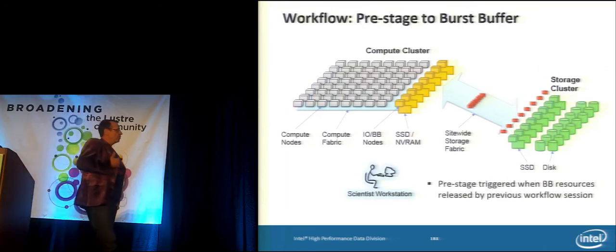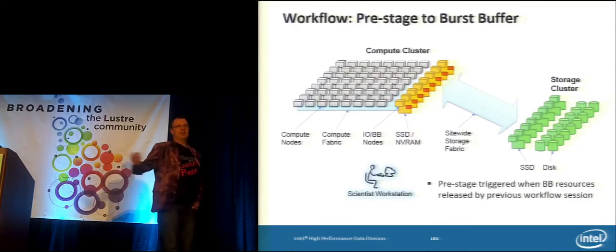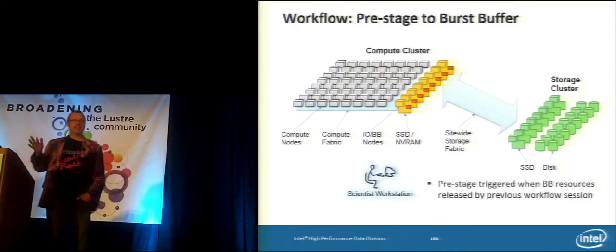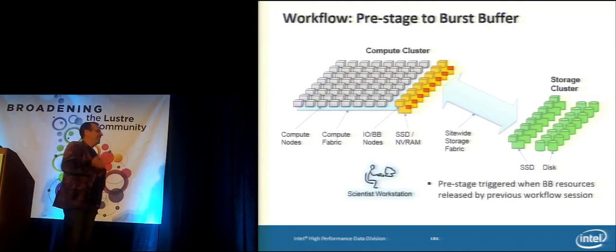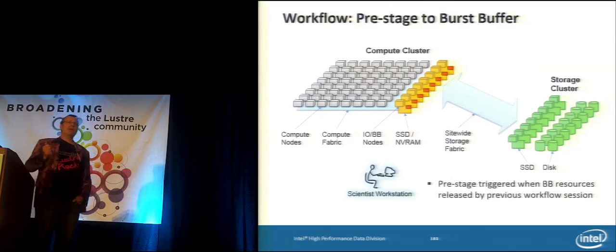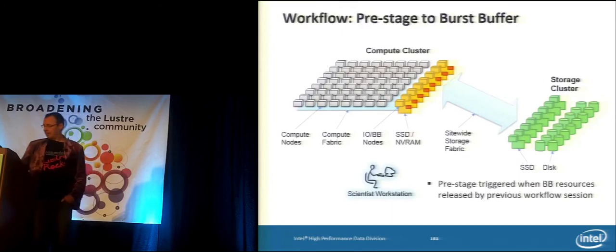Well, before the whole workflow runs, we very painfully and slowly dribble the data from the global file system, at a terabyte a second or so, say, into my burst buffer. Hopefully it's in a distribution which matches the distribution that the application wants it in, and so we'd like to be able to specify that somehow.